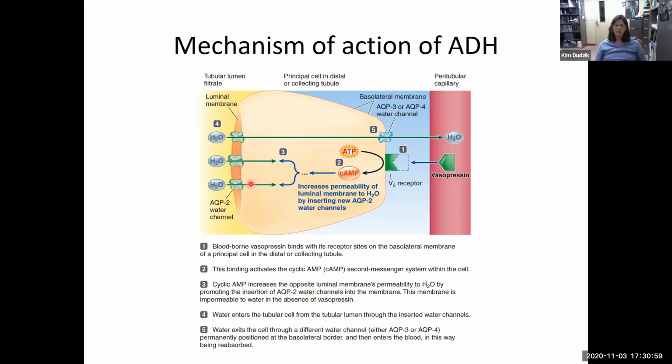It inserts them into the apical luminal membrane. So now these are just channels that let water leak through. It just becomes leaky. This really happens a lot in the collecting duct because the collecting duct goes through the medulla. Remember that it's pretty hypertonic out here. Water moves through. The blood is also going to be hypertonic.